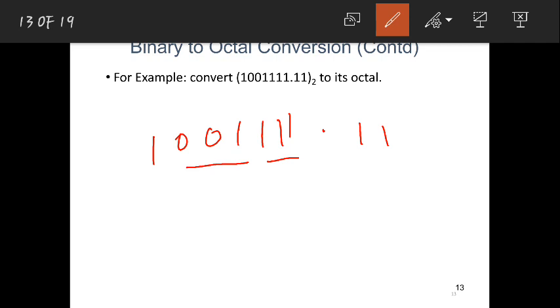But to make it into octal, I need to make 3 bits in one group. So I'll add 2 zeros here, and I'll make one 3-bit group. Now coming to after the point, this is your fractional part. I need to make groups in this way, but I have only 2 bits, I can't make a group. So I'll add 0 and this will be one group.